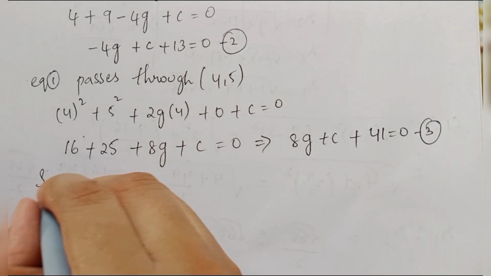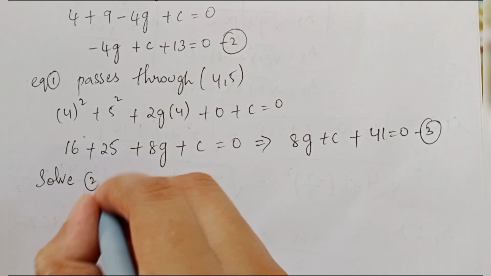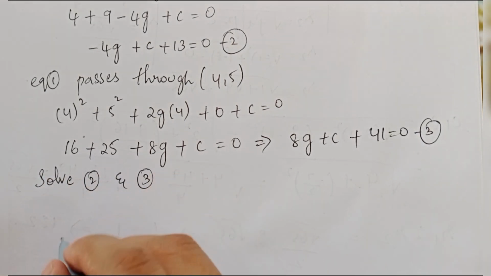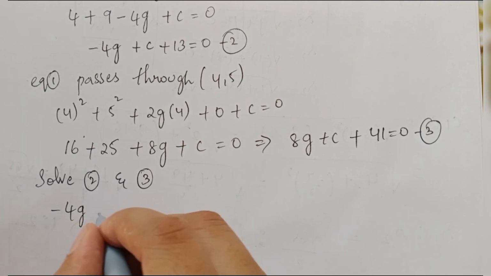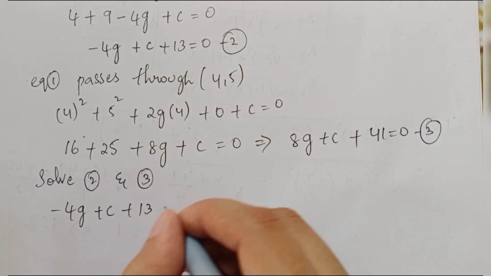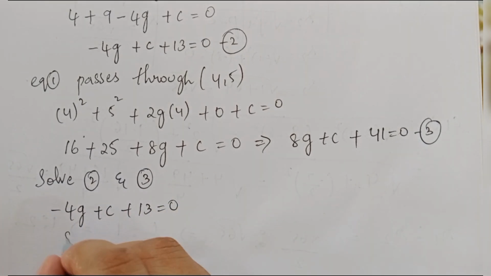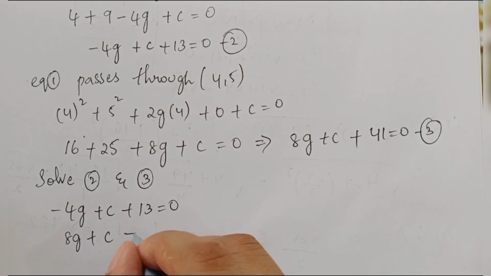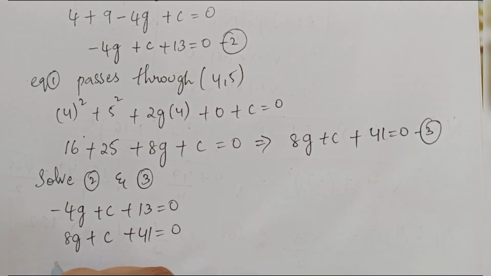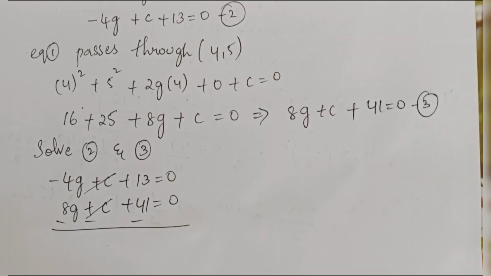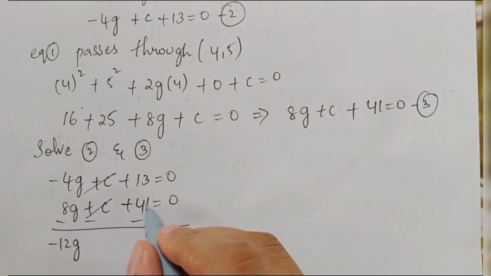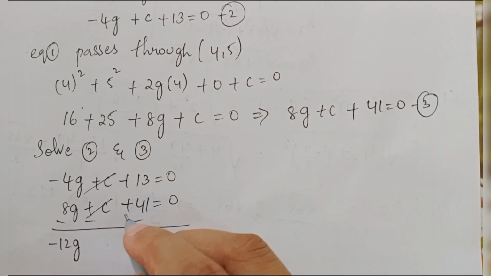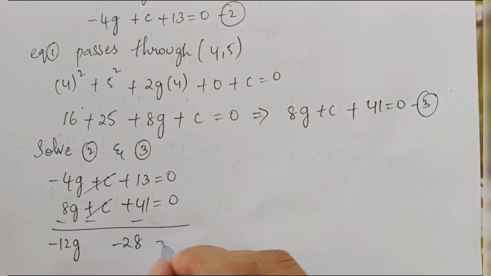Now solve equations 2 and 3. Equation 2 is -4g + c + 13 = 0 and equation 3 is 8g + c + 41 = 0. Subtracting both, changing signs, so -c and +c get cancelled. -8g - 4g is -12g, and 13 - 41 is -28, equals 0.